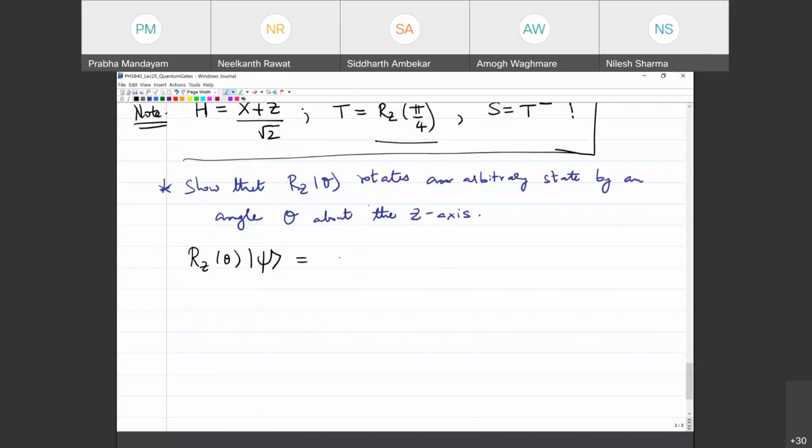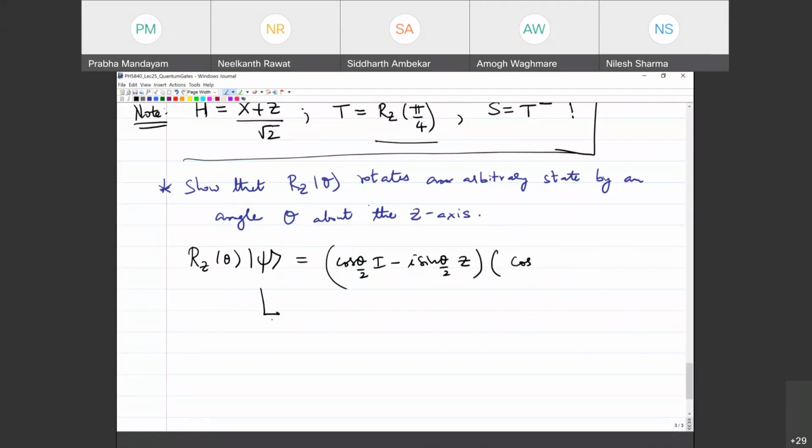is nothing but cos theta by 2 I minus i sine theta by 2 Z, acting on an arbitrary state. Since I've used theta here, I don't want to use theta and phi for this arbitrary state.